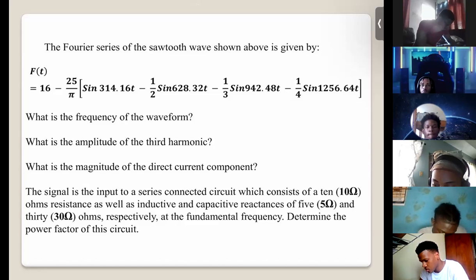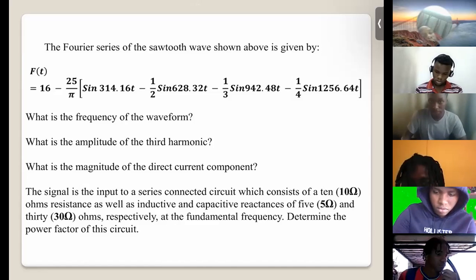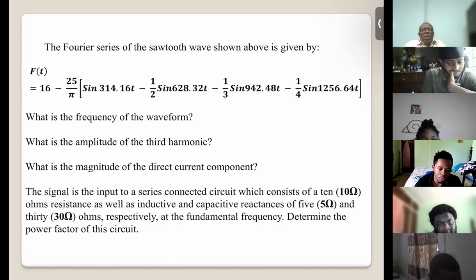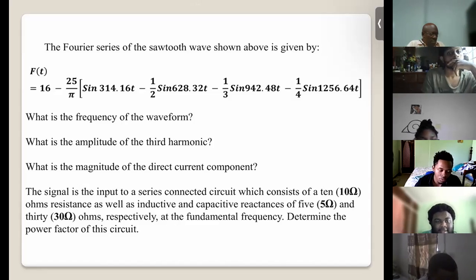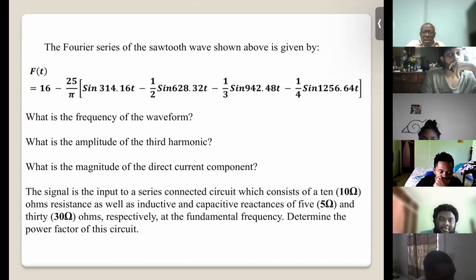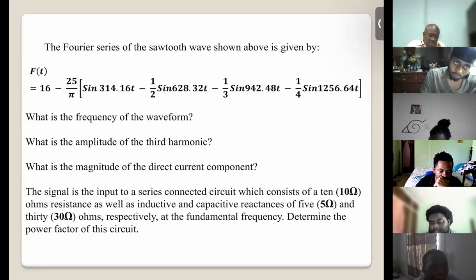So Martin, I'm not sure, sir. Then tell me what you're not sure of, because that's the only way I know how to address it. Are we going to find the frequency? So can I say the frequency is equal to 1 over T? All right, so obviously there's nothing there that gives you a T. So obviously that would not work, right?